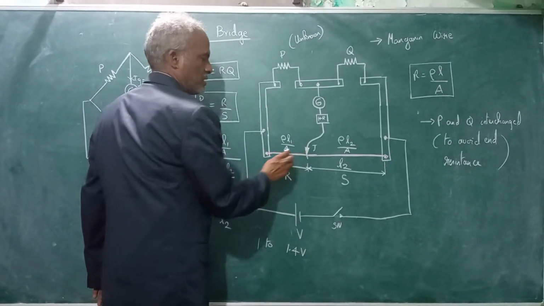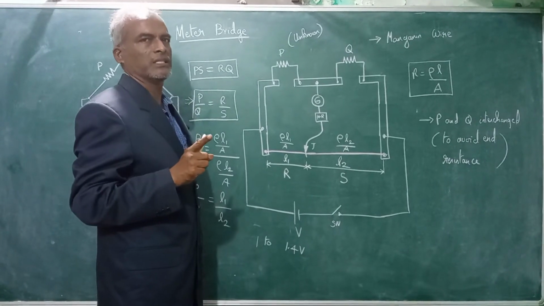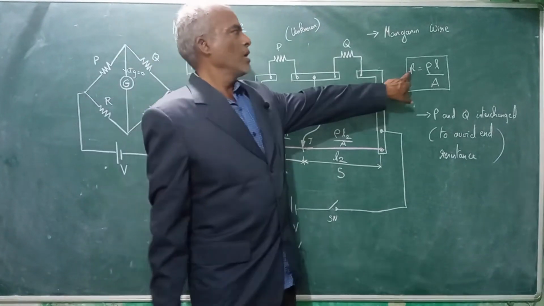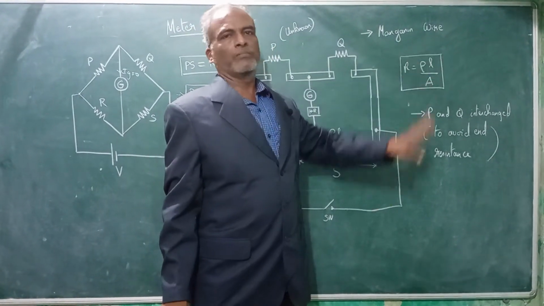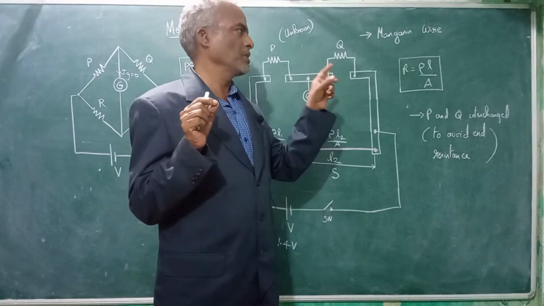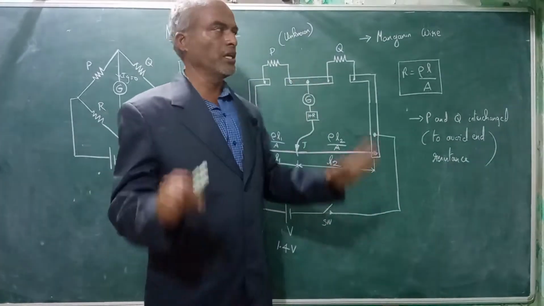So this is R. This is not a lumped resistor. It is a wire, but still that wire will have a resistance. So we have the formula R is equal to rho L by A. That means the resistance of a conductor depends on the specific resistance of the material, the length of the conductor and the area of the cross section.